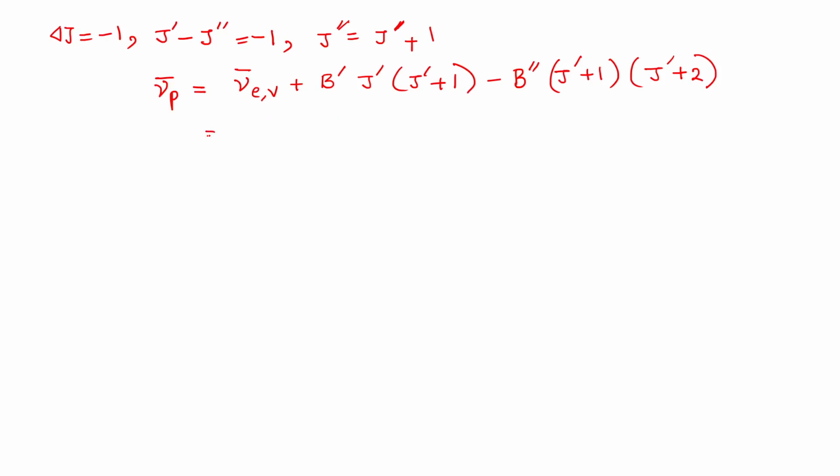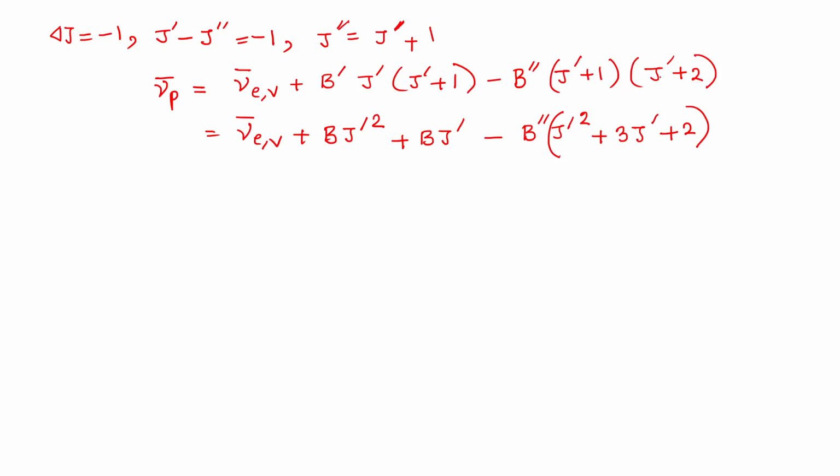So let us break it down and then only we will understand. b dash j dash square plus j dash and b prime, wait, square plus 3j plus 2, right? Something like that. J square plus 1j, 2j, like this.